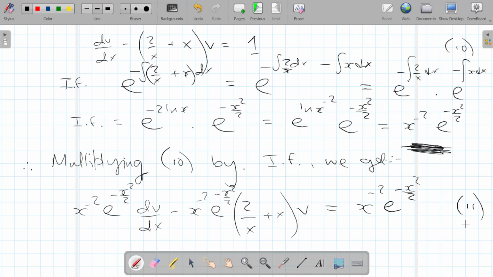Right, so we need to simplify this on the left-hand side. And if you have done A-level calculus with a substantial portion of ordinary differential equations, in particular first order differential equations, then you will know how to simplify the left-hand side.